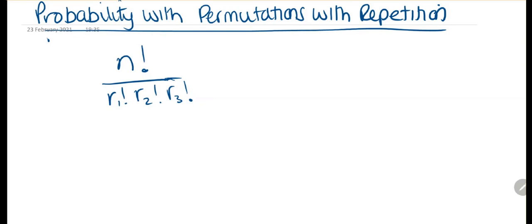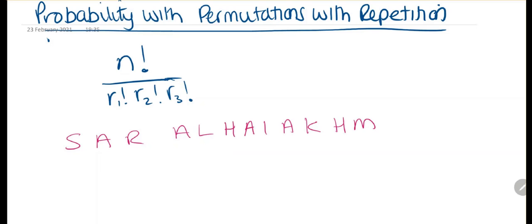So letters are put into a bag. So we have these letters that have been put into a bag, and we're going to pull them out at random.